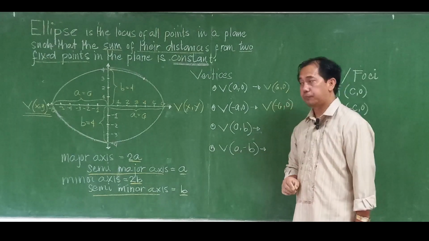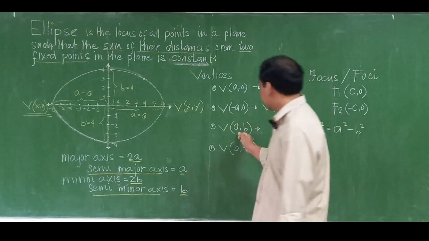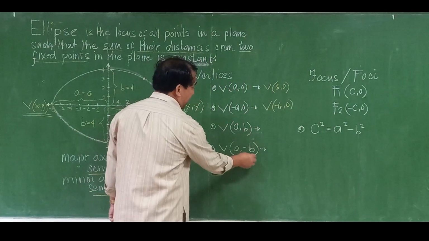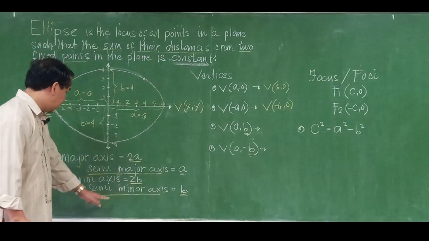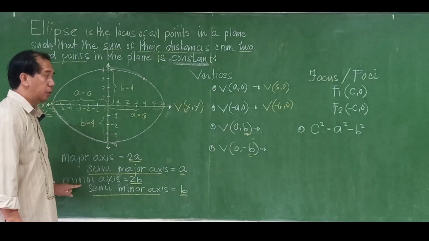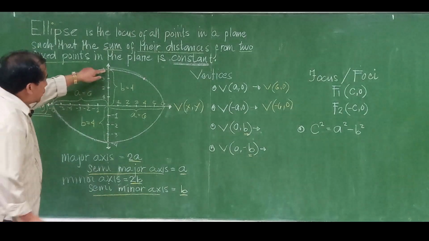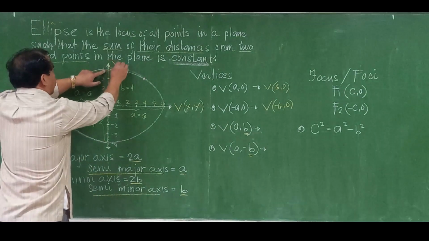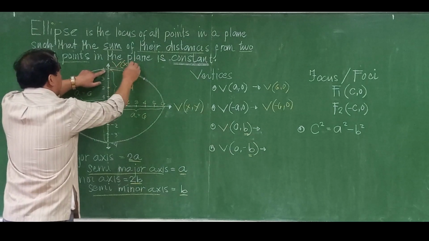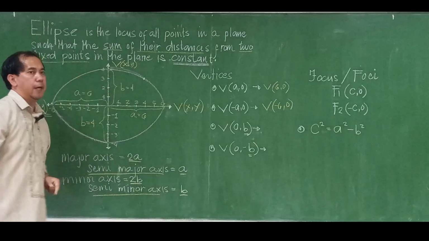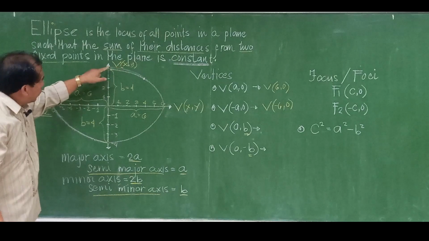Now, what about these vertices? Notice these vertices are along the y-axis, or under the minor axis. Again, what is the name of this vertex? When I name this one, I will follow the style of the coordinate system, where a point is always x and y. Now, what is our x? Our x here is actually this point.